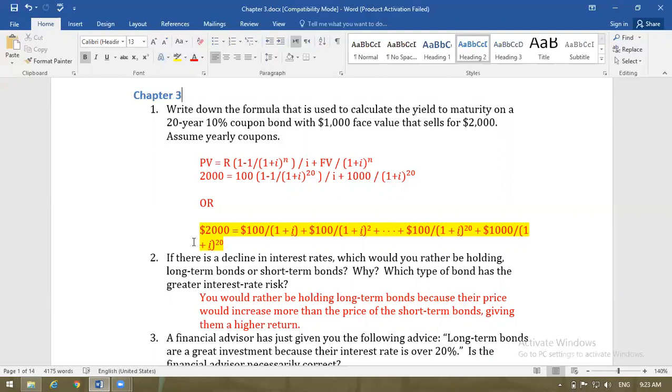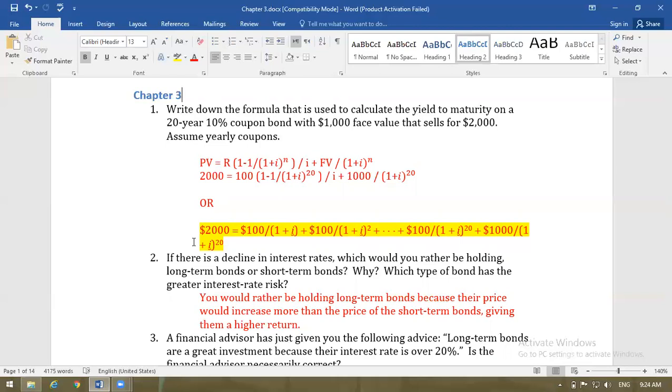The coupon bond formula, which I gave you in the previous lecture, is: present value is equal to R times (1 minus 1 divided by (1 plus I) raised to power n) divided by I, plus future value divided by (1 plus I) raised to power n. You can also use the formula given by the book, but I always prefer to use this simple formula instead of the complicated one given by the book.